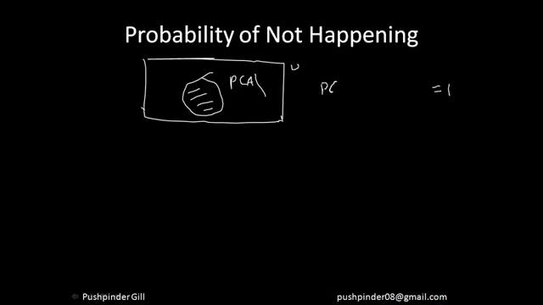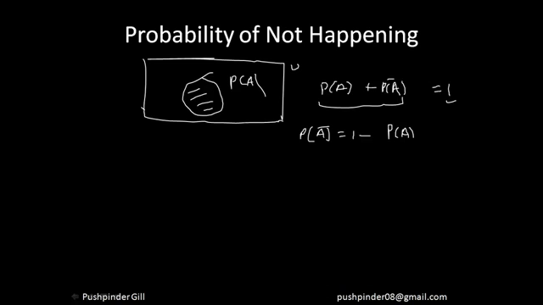So if I combine both of them, you drinking a cup of coffee and you not drinking a cup of coffee, this event here is a certain event, and the sum is equal to 1. So I can say that the probability of you not drinking a cup of coffee is 1 minus the probability of you drinking a cup of coffee, right?